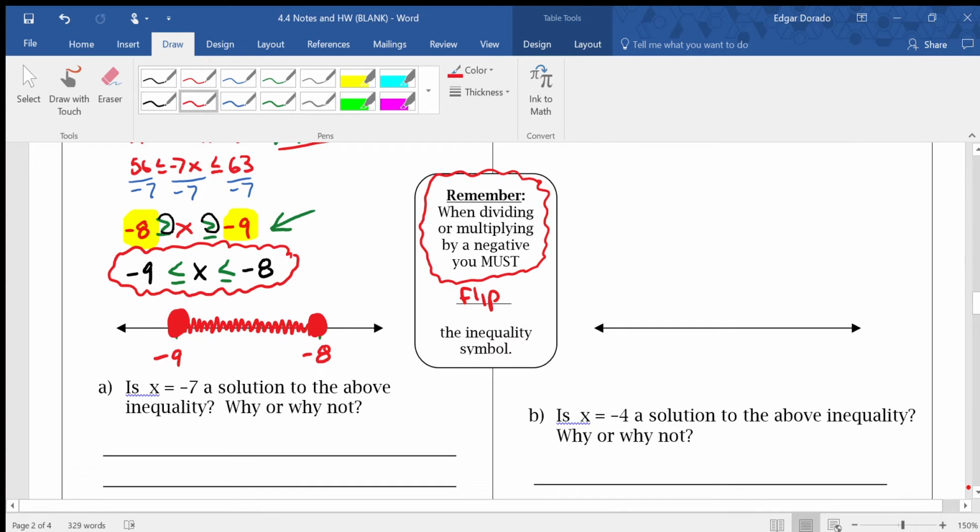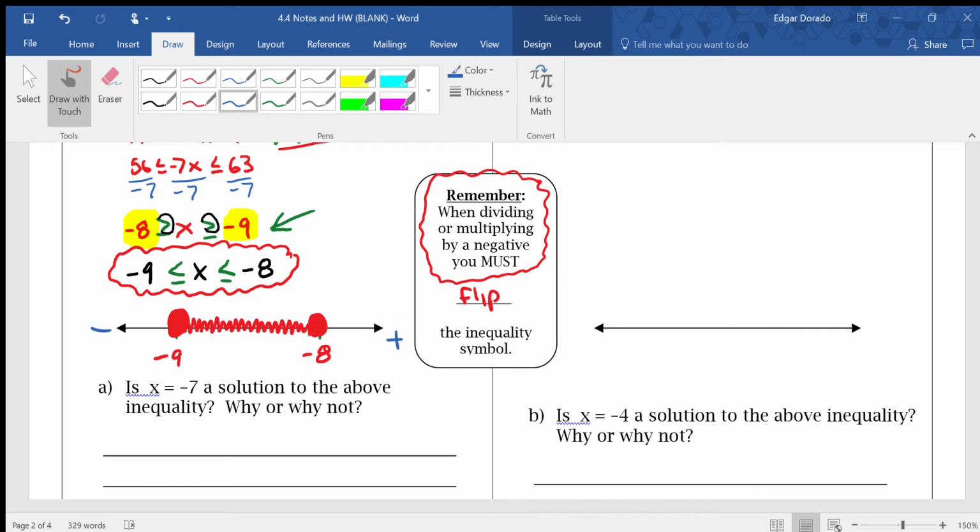It says, is x equal -7 a solution to the above inequality? Well, let's think about it. Where would -7 fall first off? Well, again, the more positive values are to the right, the more negative values are to the left. So, is -7 more positive or more negative than either of these numbers?